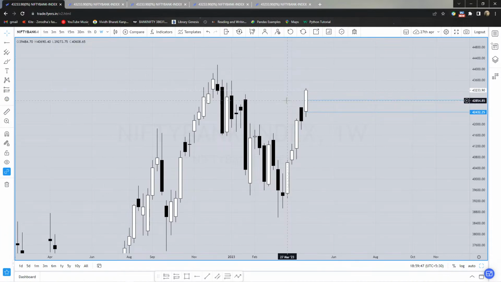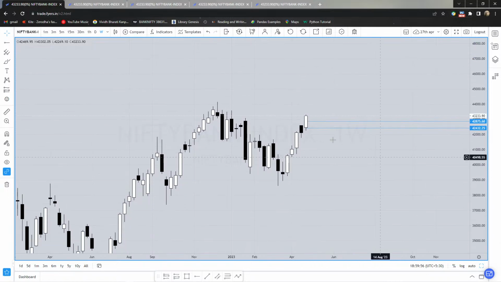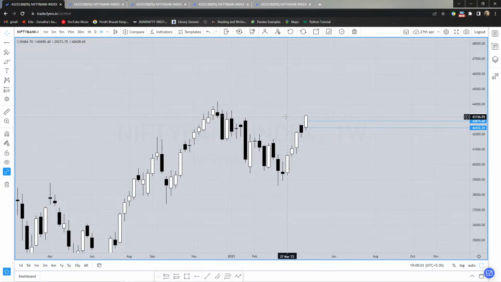So the price was here actually, when the candle was forming. This candle was not yet formed. Price was around here, or actually over here. This was the high of that.